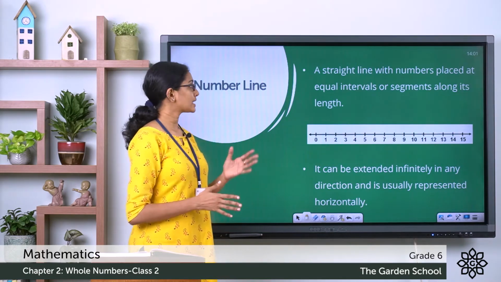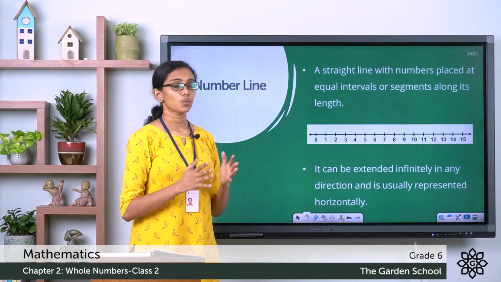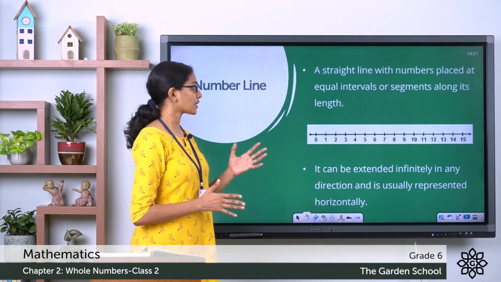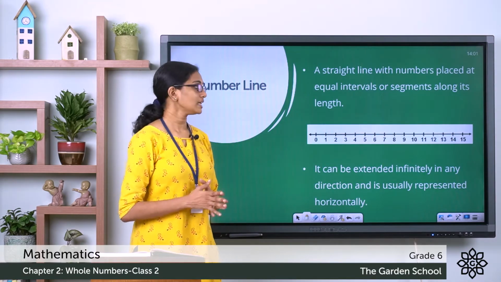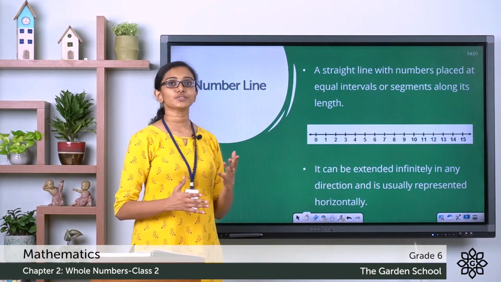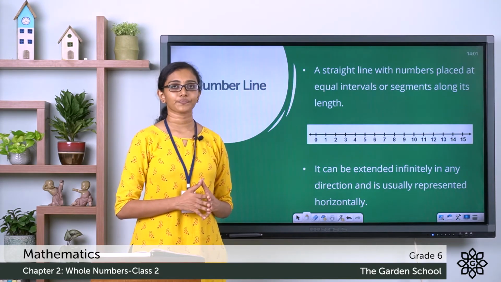So you can say a number line is a straight line with numbers placed at equal intervals or segments along its length, and it can be extended infinitely in any direction and is usually represented horizontally.